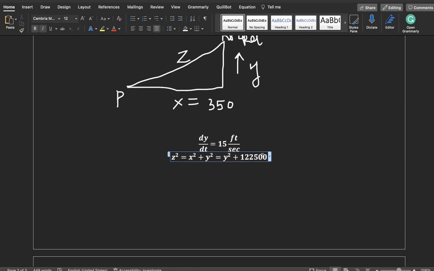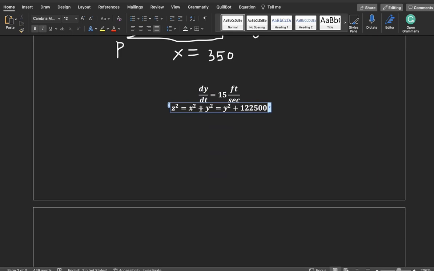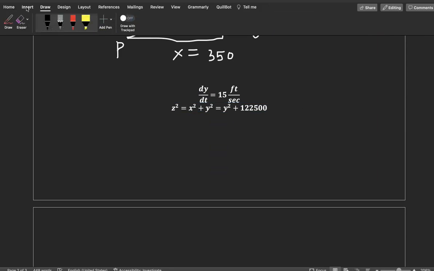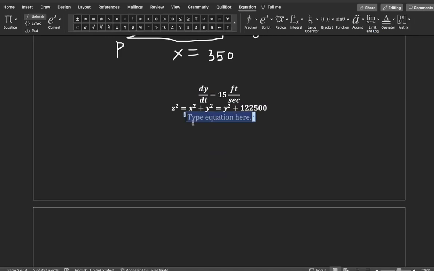Now remember we're trying to find dz/dt, right? So we can differentiate this equation with respect to t. And what happens when we do that? We have the 2 that comes down on the left-hand side, multiplied by z, multiplied by dz/dt, which is equal to 2 that comes down, multiplied by y, multiplied by dy/dt, plus the derivative of a constant, which is just 0.